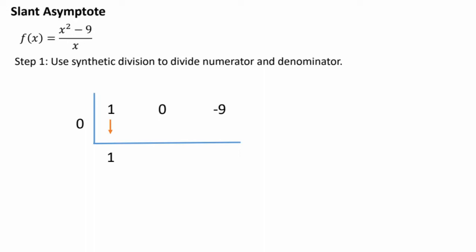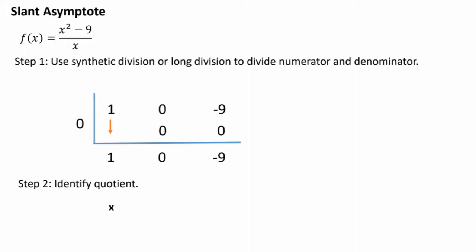Bring down my 1. 0 times 1 is 0. 0 plus 0 is 0. And 0 times 0 is 0, then -9 plus 0 is -9. So my slant asymptote for this equation is just y equals x. This is my quotient. My quotient is just the x.